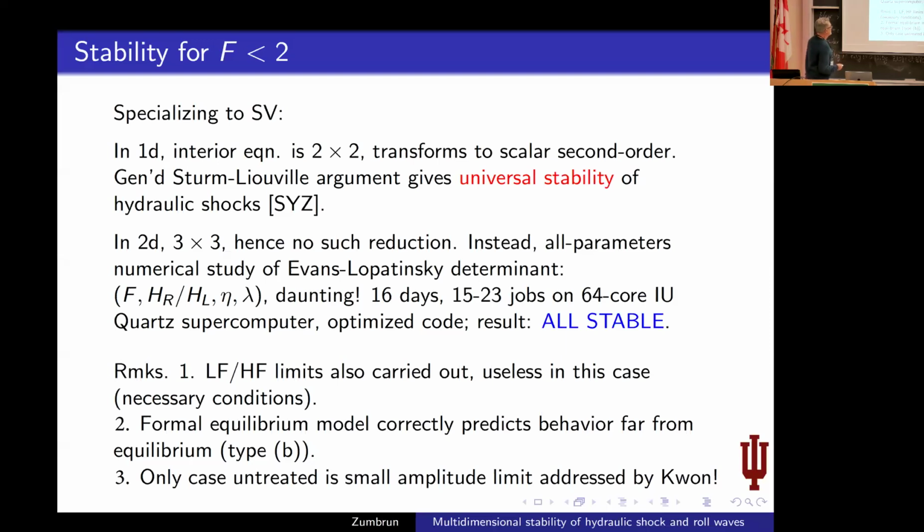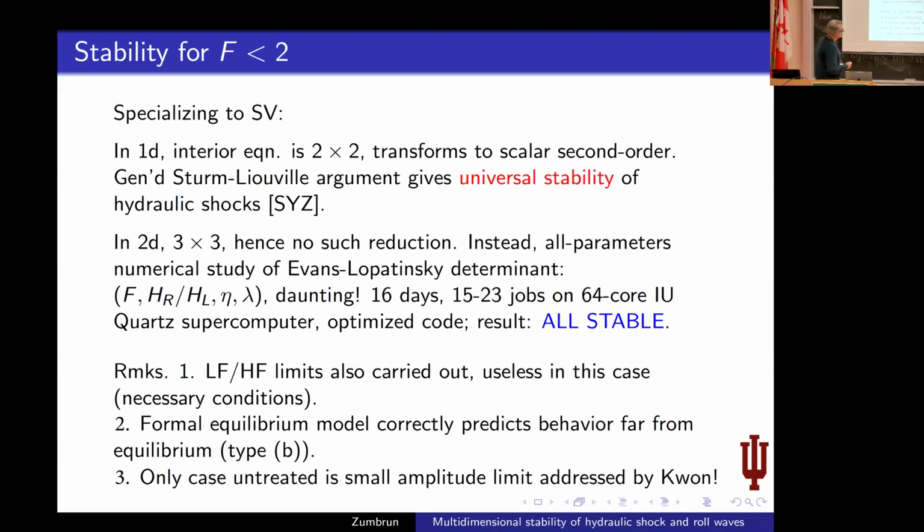But in 2D, now it's a 3 by 3 system. We don't have such a reduction available. One might hope it decouples. It doesn't. It does for smooth waves, but not for discontinuous. So back to the supercomputer.